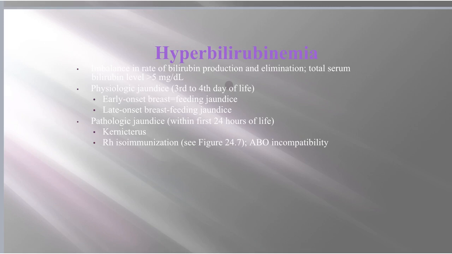Pathologic jaundice can also develop into kernicterus, which is a form of bilirubin encephalopathy. And this can lead to learning, vision, and motor issues in that child. So treatments of bilirubin, we will talk about that here in a minute.